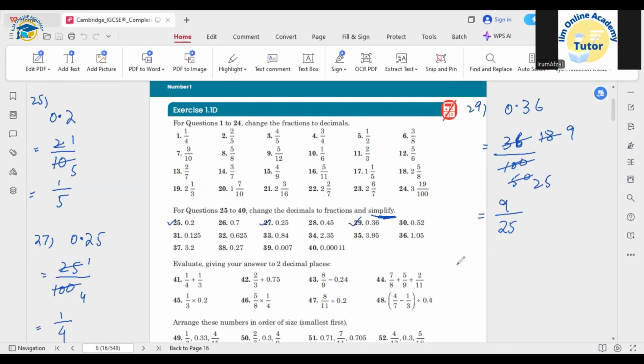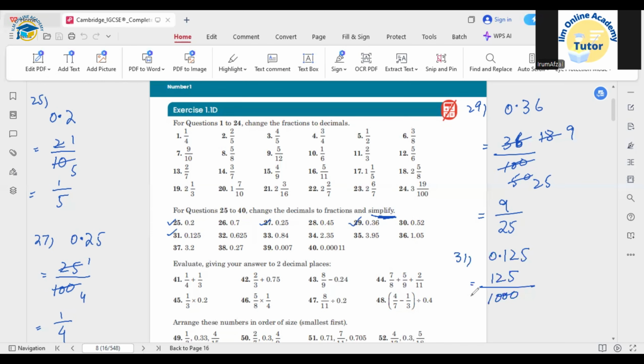They gave us a 3 decimal place number as well, just like 0.125. To convert it into the fractional part, we write it as 125 by 1000, because after the decimal point we have 3 numbers. So this is written as 125 by 1000.